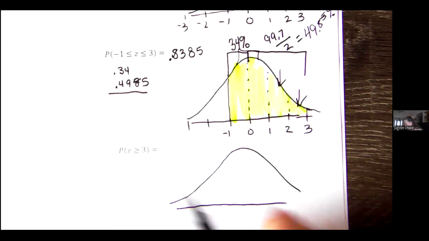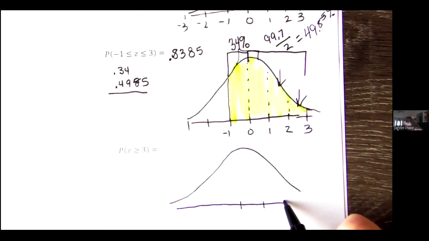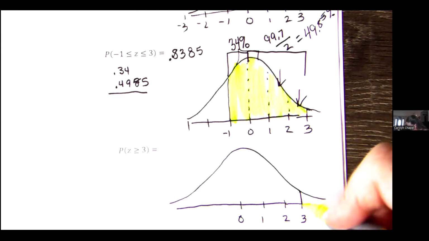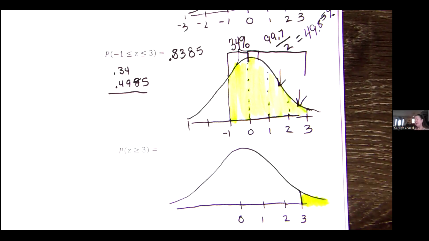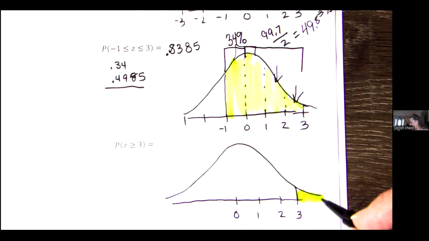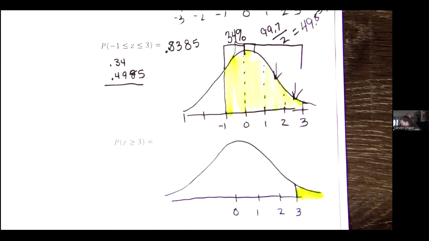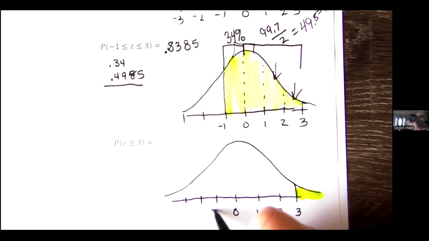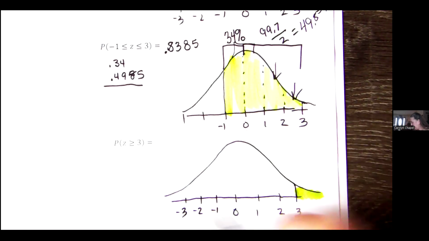All right, so now we are going Z is bigger than 3. Okay, so here's my 0, 1, 2, 3. And we're looking for this really little upper tail. Now, usually it isn't quite this high, I just draw my pictures so that you can see them. So here's my -1, my -2, my -3.